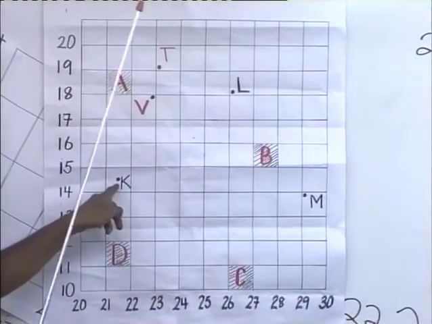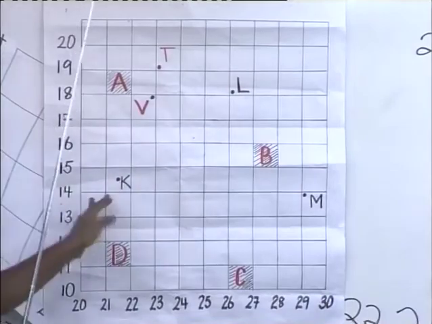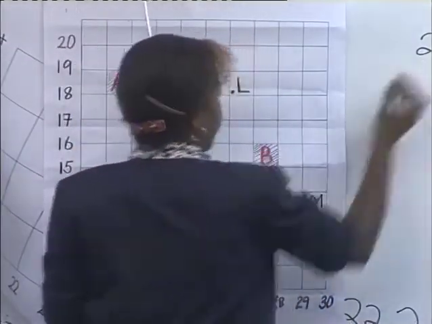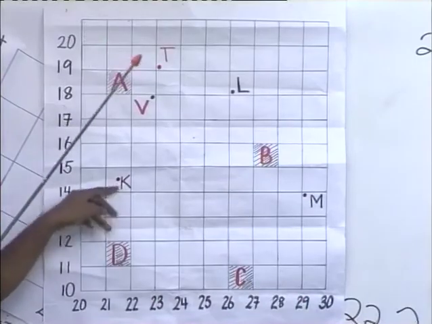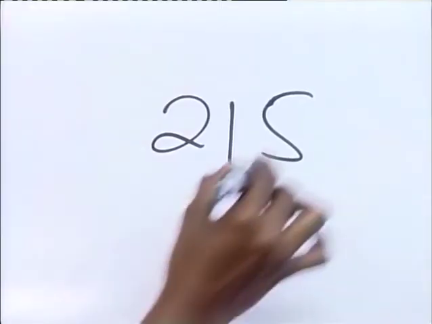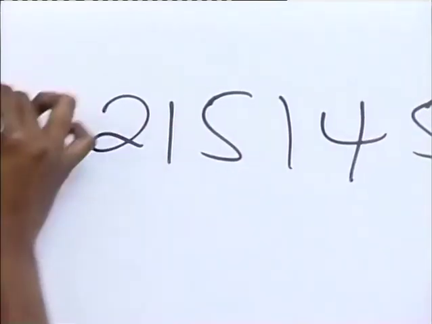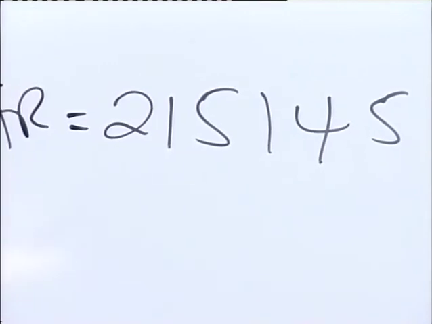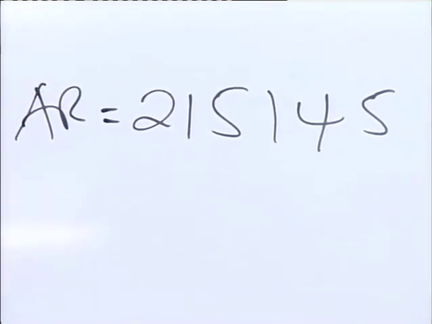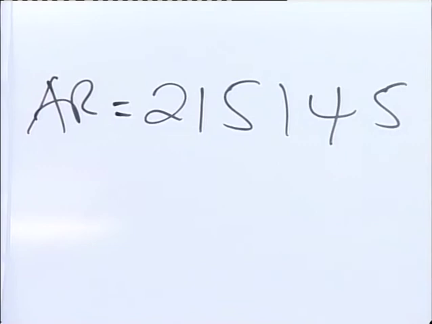So 21 and 5 tenths across. So 21, 5. And 14, 5 tenths up. Very good. So the area reference for K is 215145.